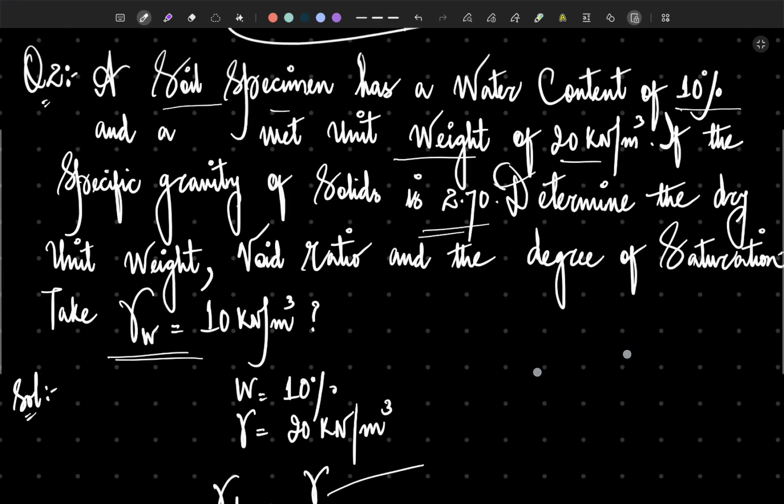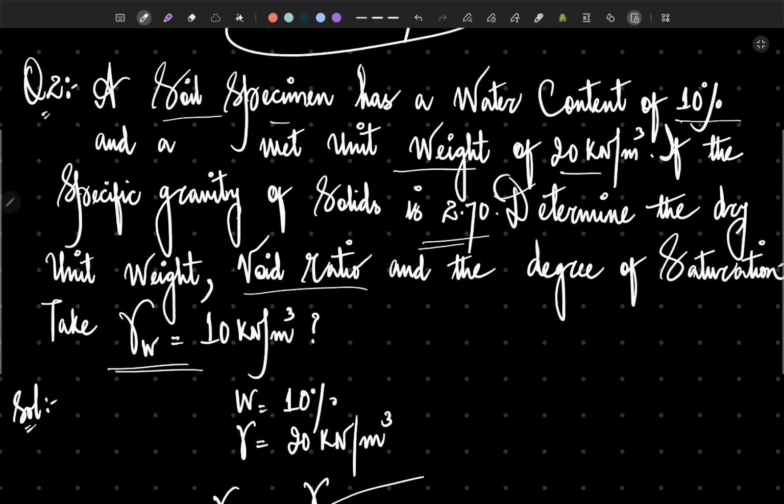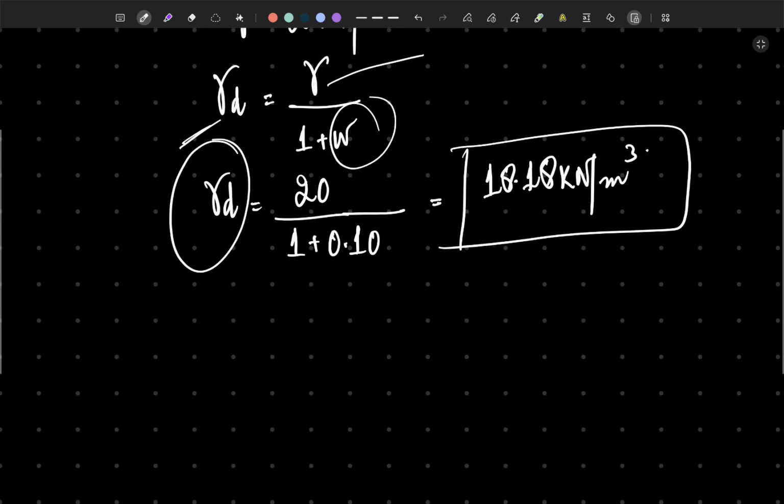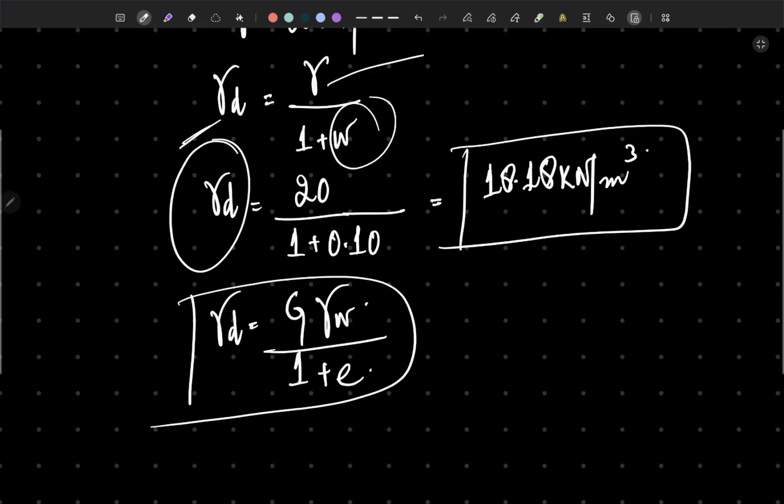Next thing that we need to find is the void ratio, and then lastly we have to find the degree of saturation. With the given data, we know the expression that we'll use is dry unit weight is equal to G times gamma w divided by 1 plus e. This is the expression relating the dry unit weight, the unit weight of water, void ratio, and the specific gravity of soil solids. We know the values.